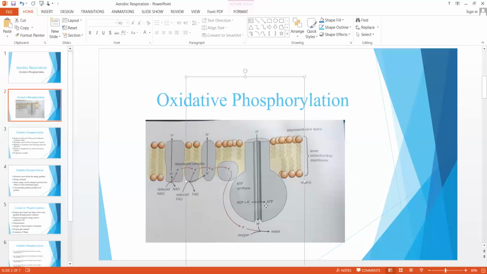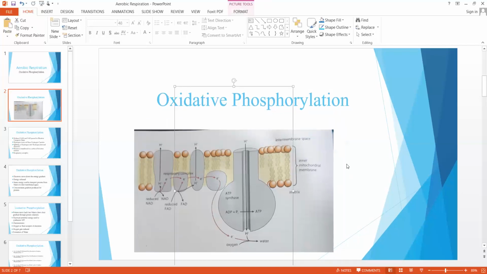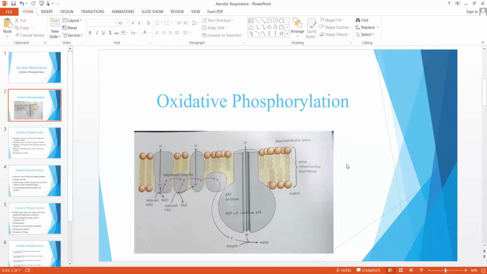And remember this process which we said, that when the protons are moving down the concentration gradient, and as the protons are moving through the channels, the electrical potential energy is used to synthesize ATP, and that process is called chemiosmosis.